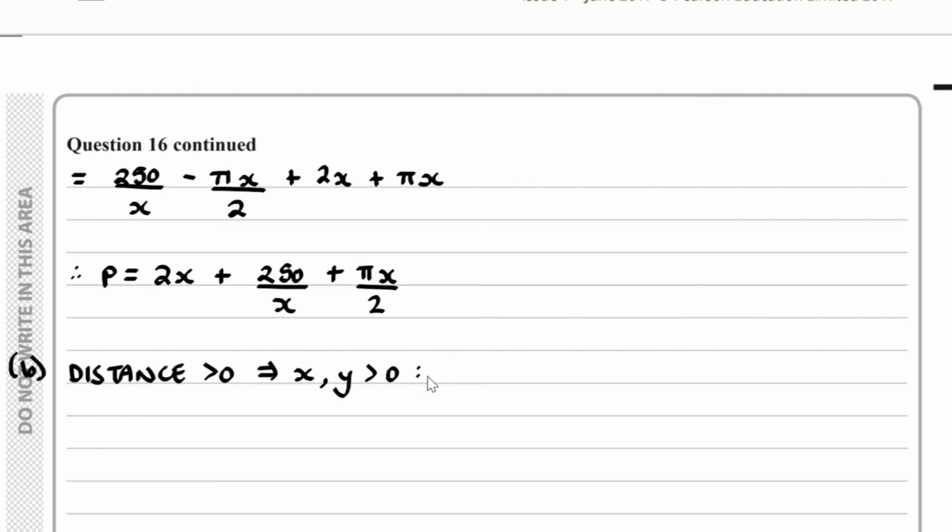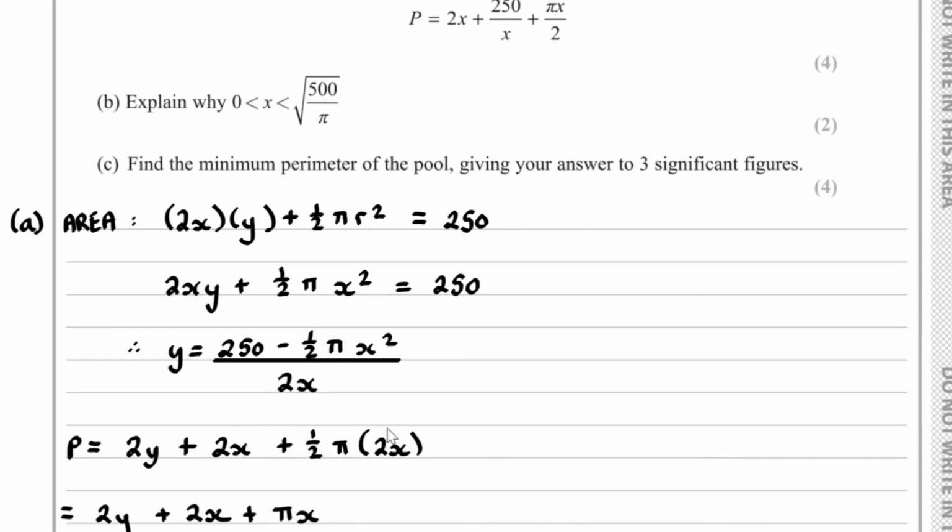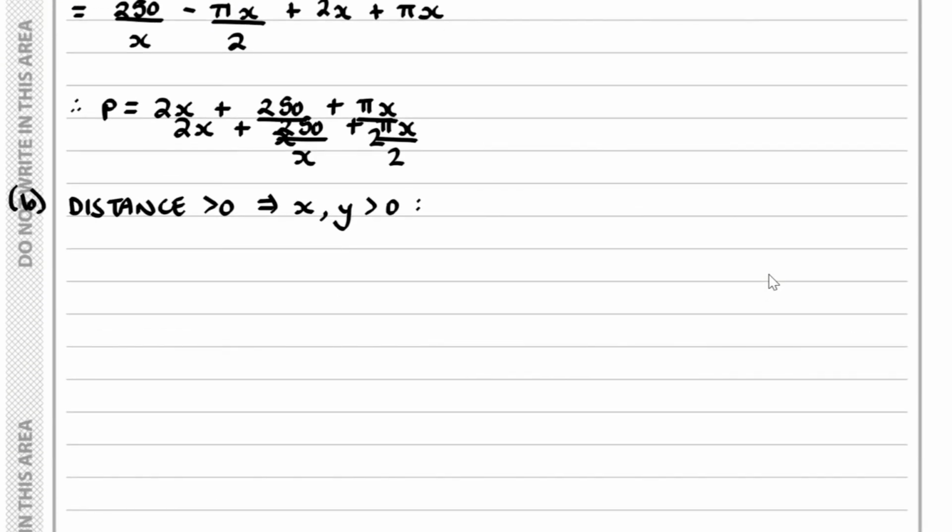And if we think about what y is, which is this result, this also must be greater than 0, because we know that x and y are both greater than 0.